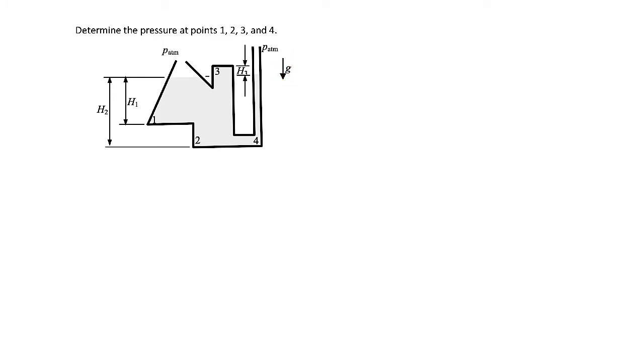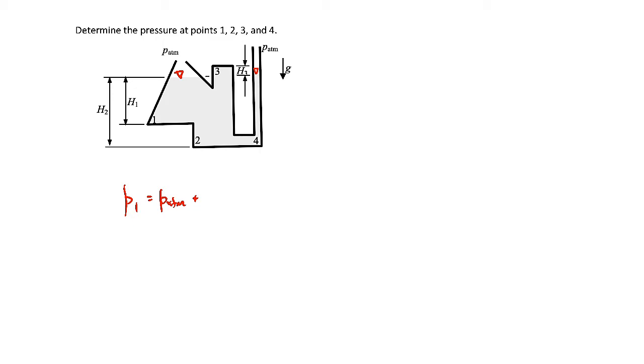So for example, if we're going to find the pressure at point 1, it'll be the pressure that you start with at the free surface here. That'll be atmospheric pressure right here. This is a free surface here, a free surface there. So it's the pressure you start with, so that'll be P atmosphere, plus, we're going to assume that this is an incompressible liquid, the density times gravity, so that's the specific weight of the liquid.